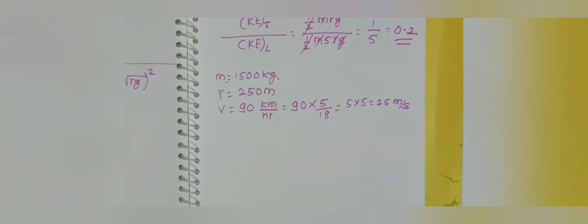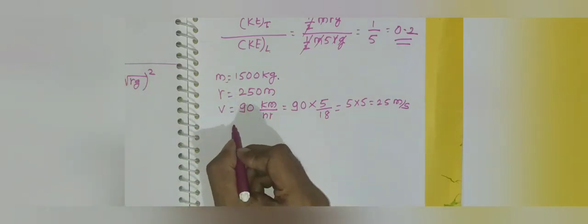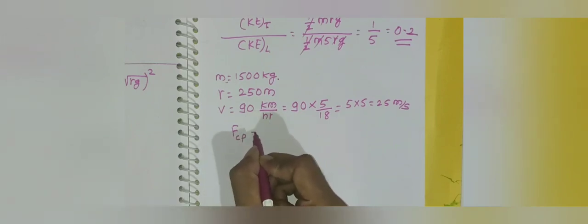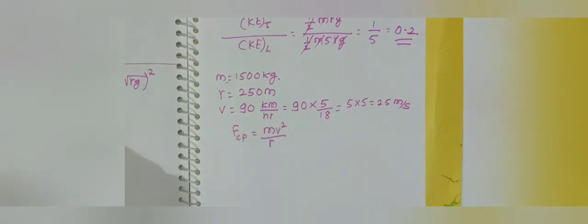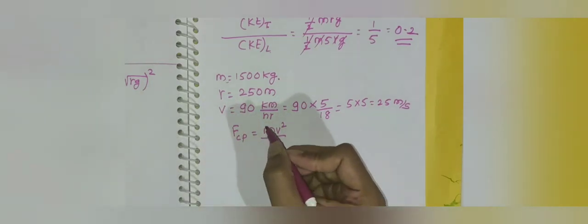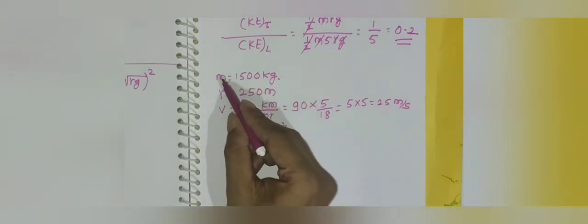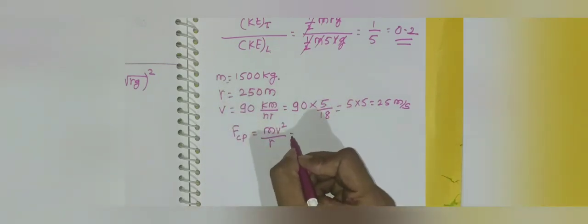In this problem, we have to find the centripetal force. So centripetal force, that is F_CP, is mv square by r. So now we just put the values of m, r and v.